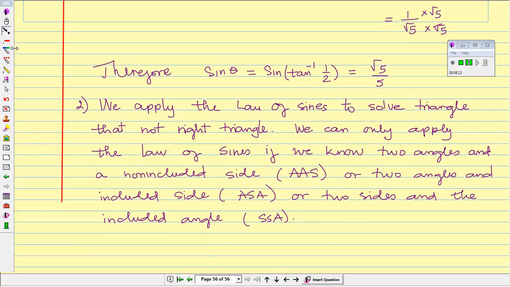These are the three cases where you can apply the law of sines for a non-right triangle.